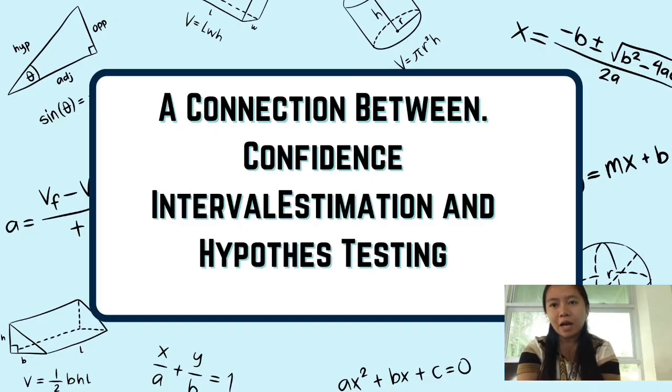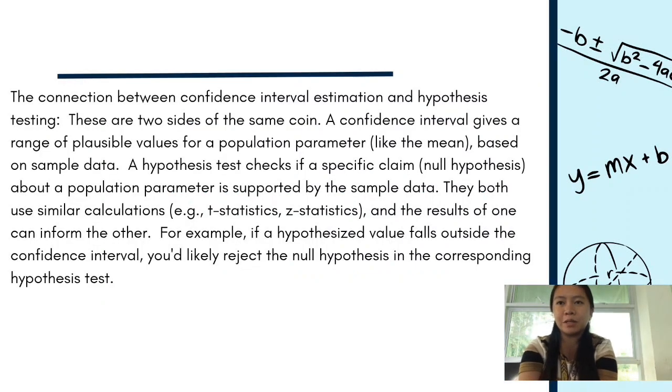Good day everyone. I will be discussing the relationship between confidence interval estimation and hypothesis testing. These two are essentially two sides of the same coin. A confidence interval provides a range of plausible values for a population parameter, the mean, based on our sample data.